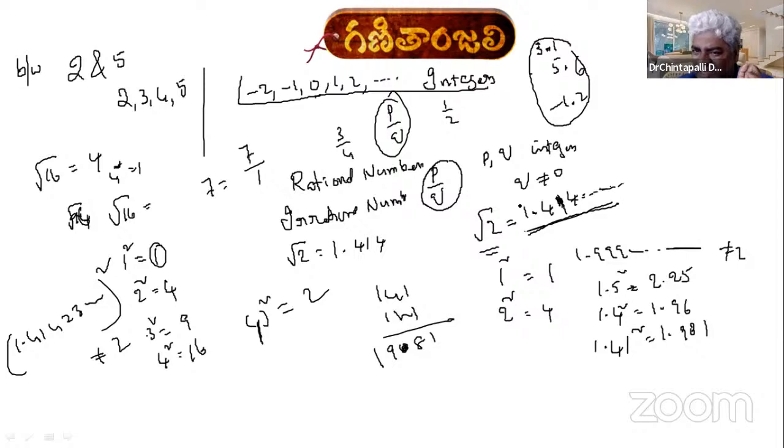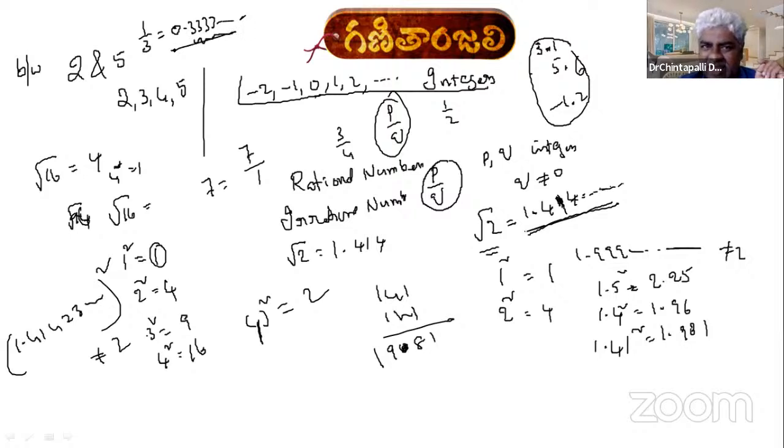If you write its decimal fraction, it can never end. It never ends. Let me add one more thing. If we write 1 by 3, it is 0.333333. It is also not ending, not terminating, but it's recurring.